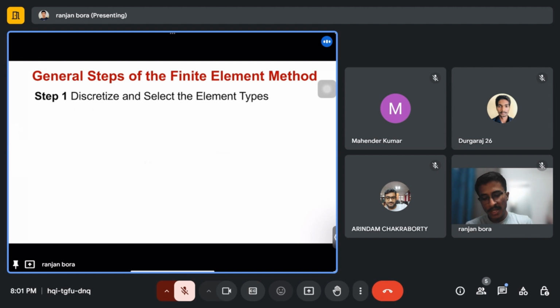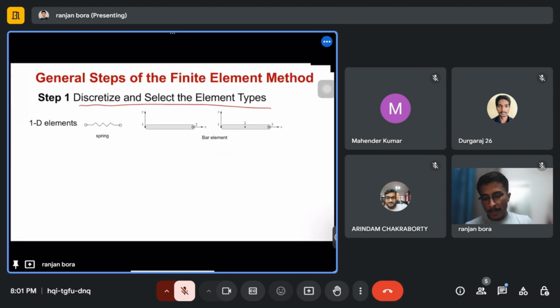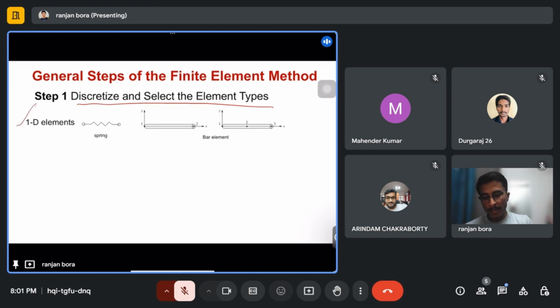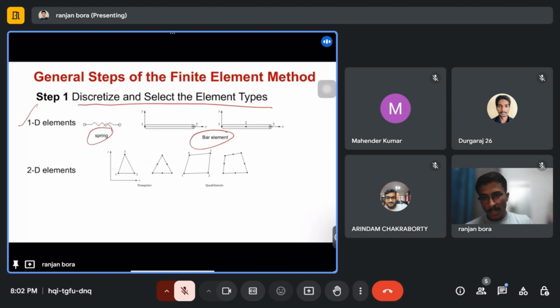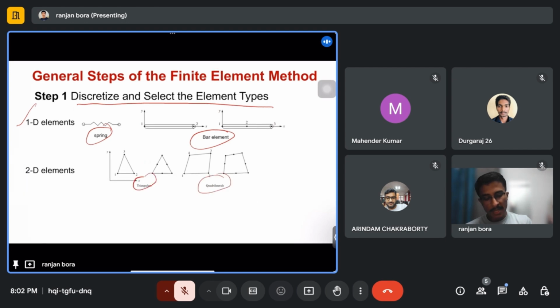The first step is to discretize and select the element types. In the finite element method, if it is a one-dimensional problem, we have one-dimensional elements, which are the spring and bar elements, and we can use these to solve any one-dimensional problem. For two-dimensional problems, we can use triangles or quadrilaterals.